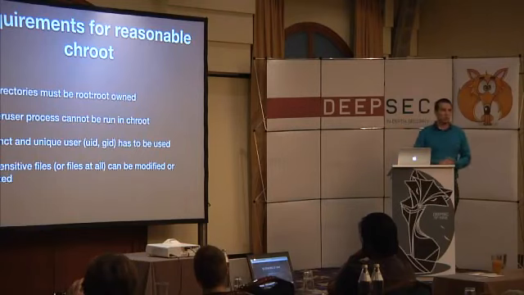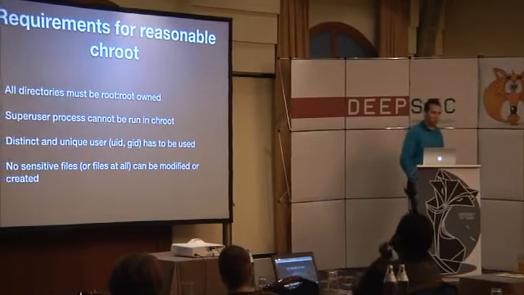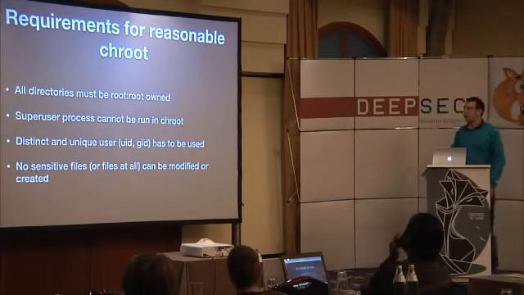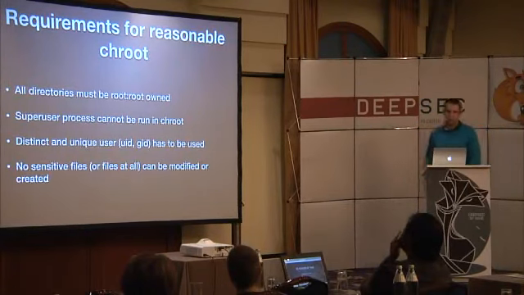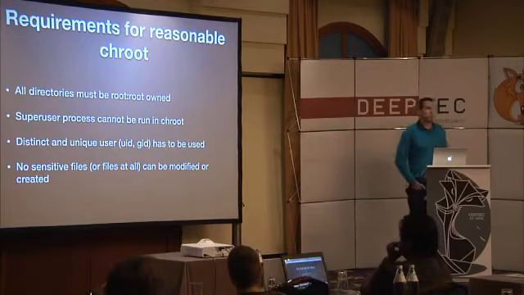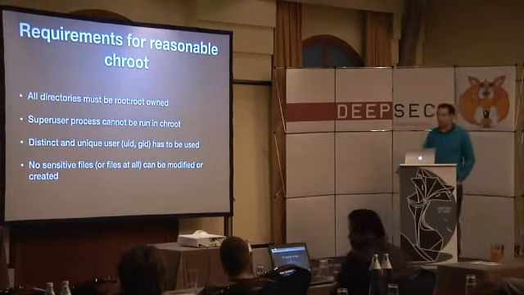If you still want to make a chroot environment, then you have to make sure that you are keeping these golden rules here. First of all, you have to make sure that all of the directories are owned by root, the user and group, and you have no processes running in the chroot environment as root user.